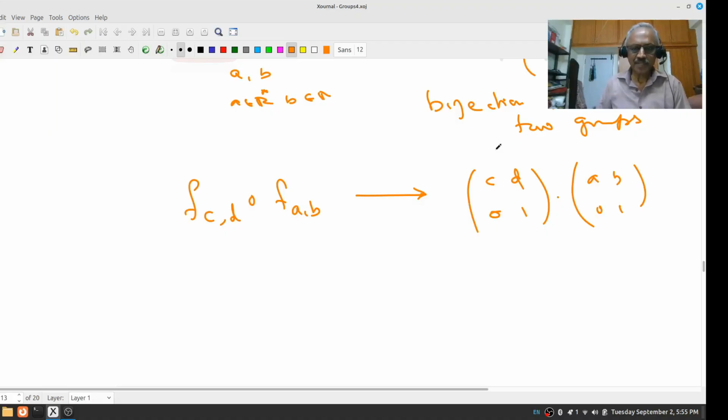And this is the bijection. So those of you who have learned something more about group theory, you should jump at it now. You understand what is happening. Very good. I think this is a very good time for me to stop.